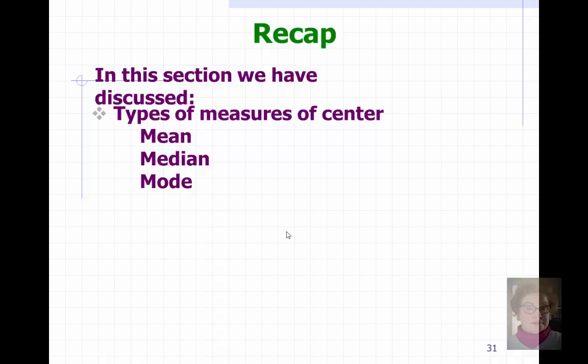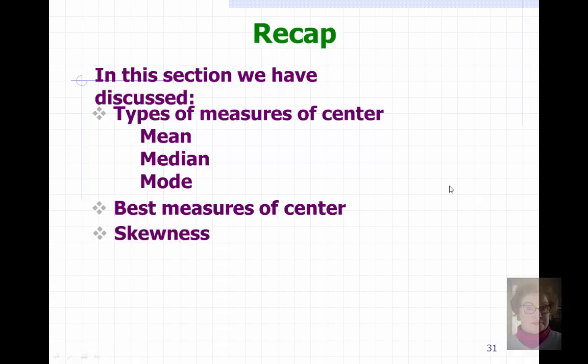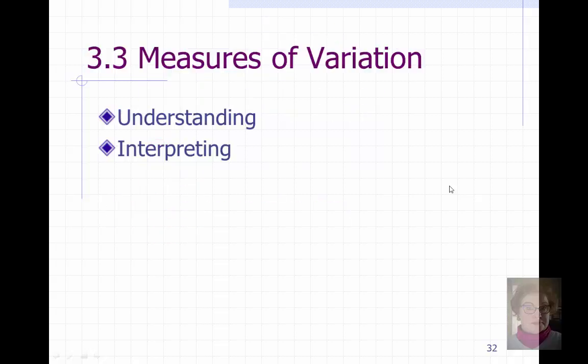So we have talked about measures of center; we've talked extensively about mean, median, and mode. What we're going to talk about next is the measures of variation, and we are going to talk about understanding and interpreting them. There is an equation that's associated with standard deviation.